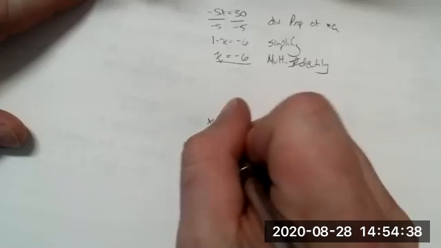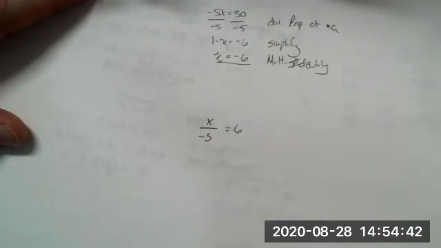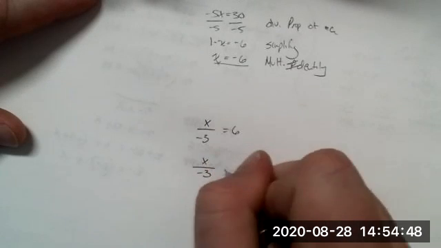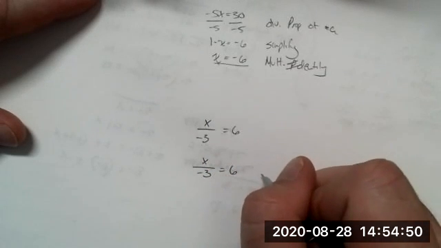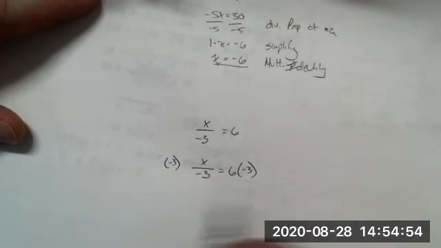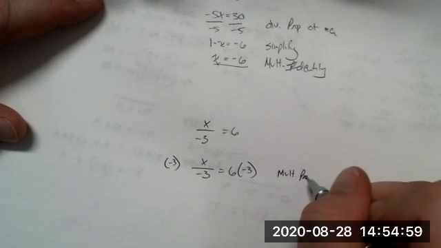Okay. Up next, x divided by negative 3 equals 6. The inverse of dividing by something is multiplying. So I'm going to multiply both sides by negative 3. Okay, this is the multiplication property of equality.